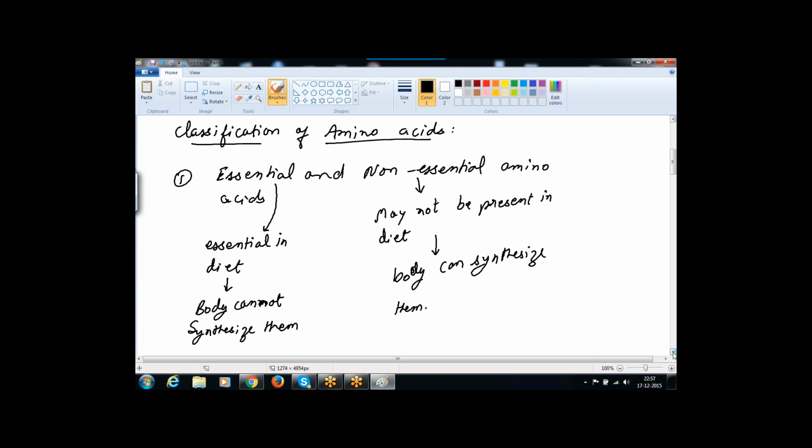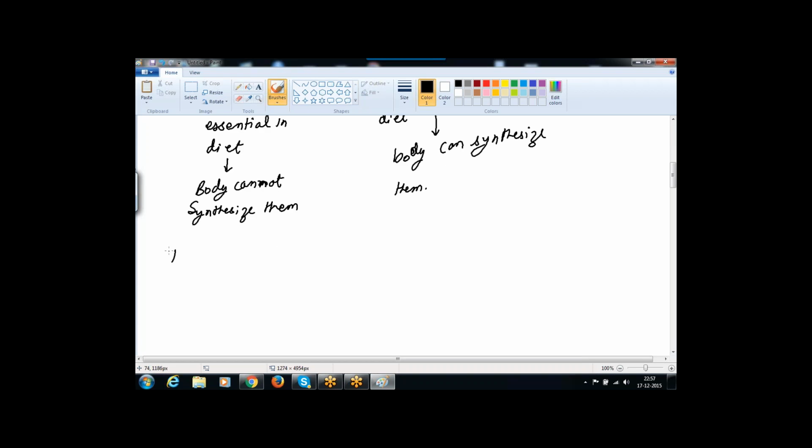Now you must be knowing that there are 20 amino acids in total. In the whole biological system, may it be humans or animals or plants, there are 20 in total.